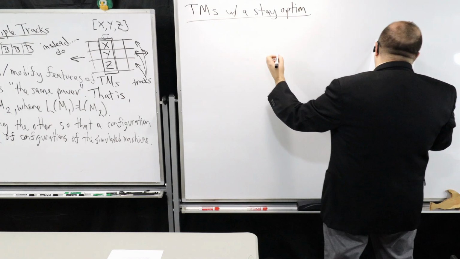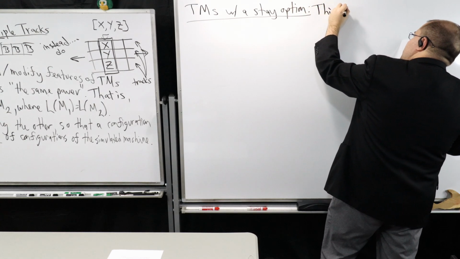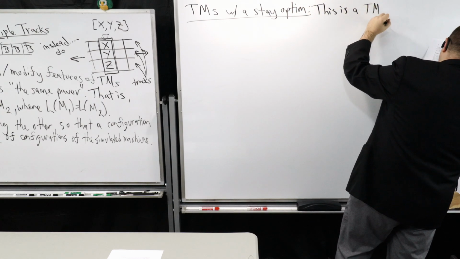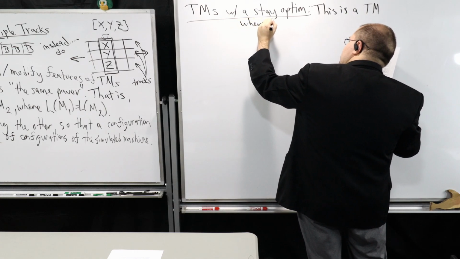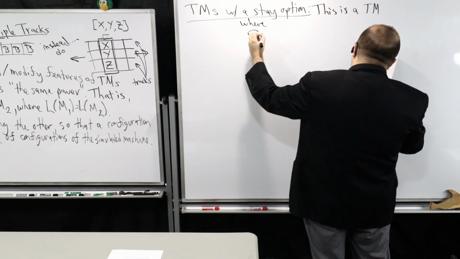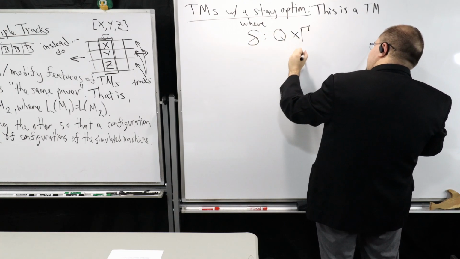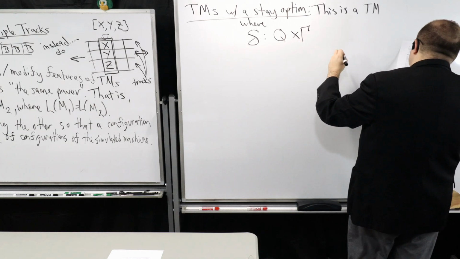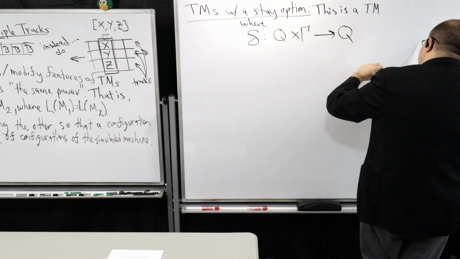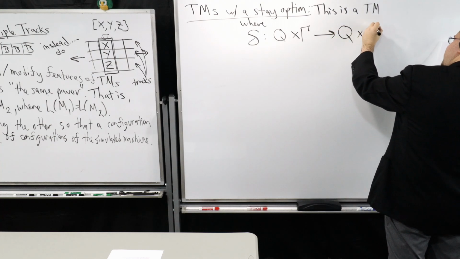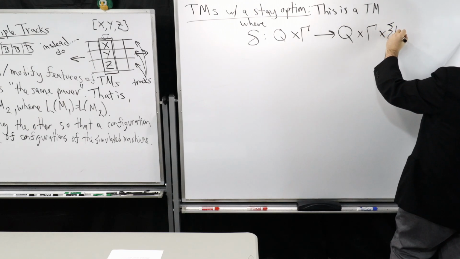So that means this is a Turing machine where its transition function delta looks like this. Remember, I have a state, some tape symbol I am going to look at, and it gives me a state, some tape symbol to write, and then I'm going to have left, right?